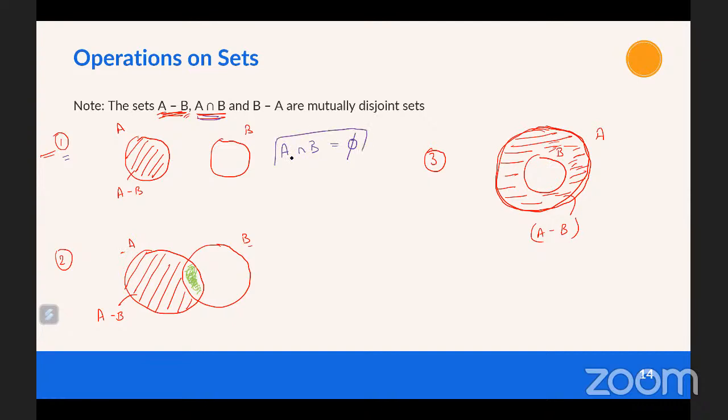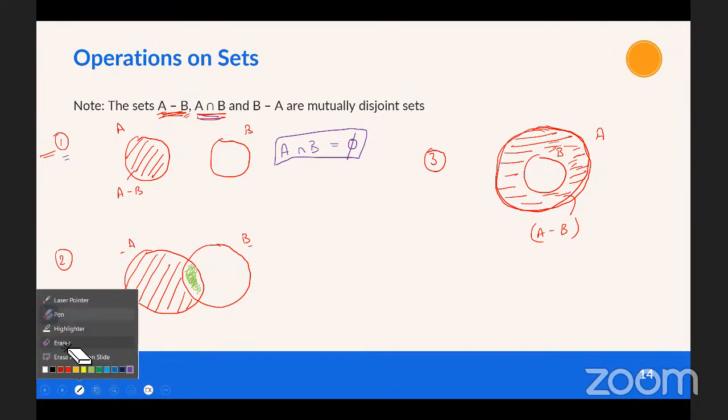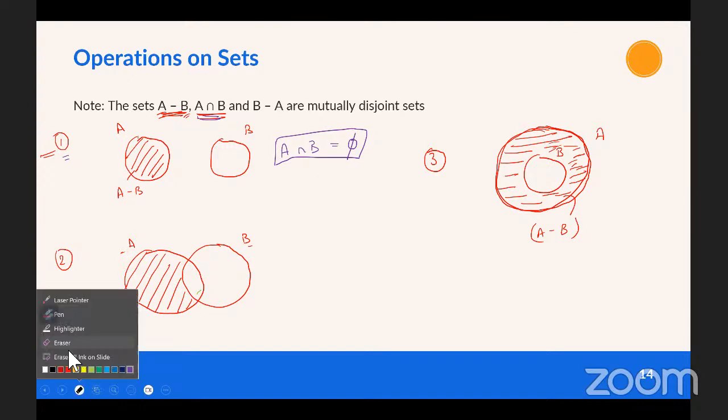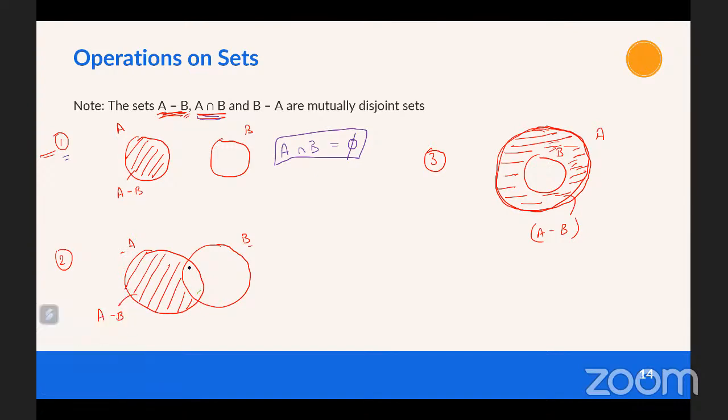Now in the second case, this region is common to both A and B. So this is actually the A intersection B region, because intersection is the operation which gives the common region between set A and B.